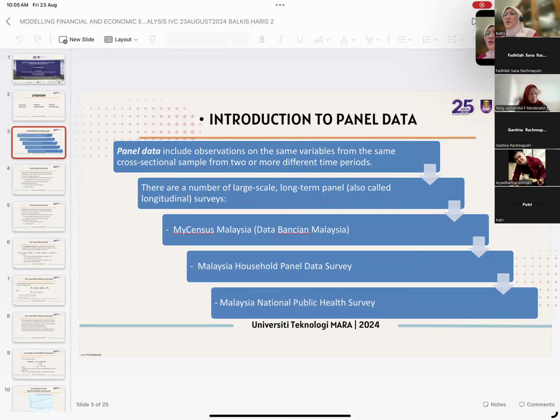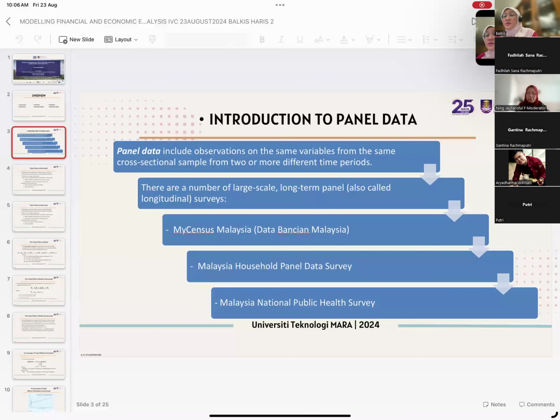What is meant by longitudinal is that it involves several times, meaning that if we have a company, we use data for that company for several years. For example, Maybank. I'm sure everyone knows Maybank also has a branch in Indonesia.